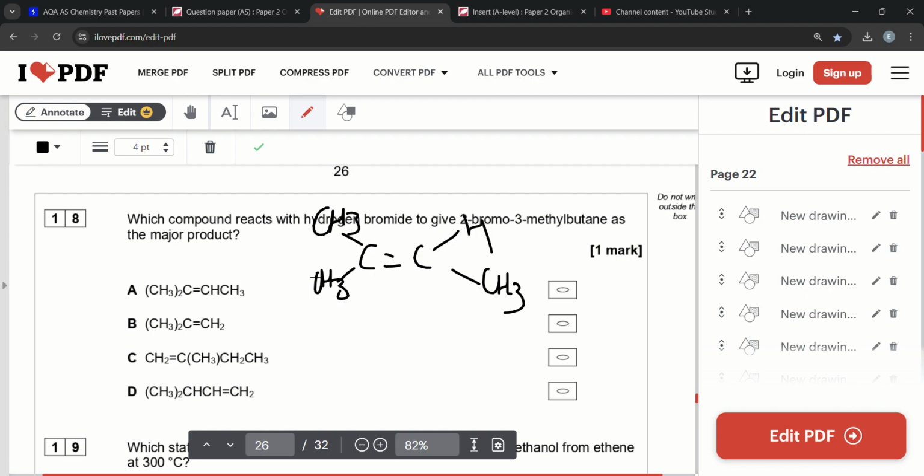So the bromo is going to be on the second carbon, right? So it's going to be D.